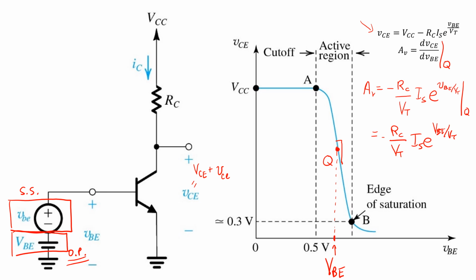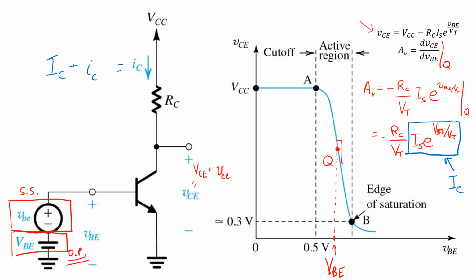Now, interestingly, you notice this part of the expression here is nothing more than the DC collector current, IC, that flows. Again, collector current can also be written as the sum of a DC operating point part and a small signal part. This is where the notation gets tricky.